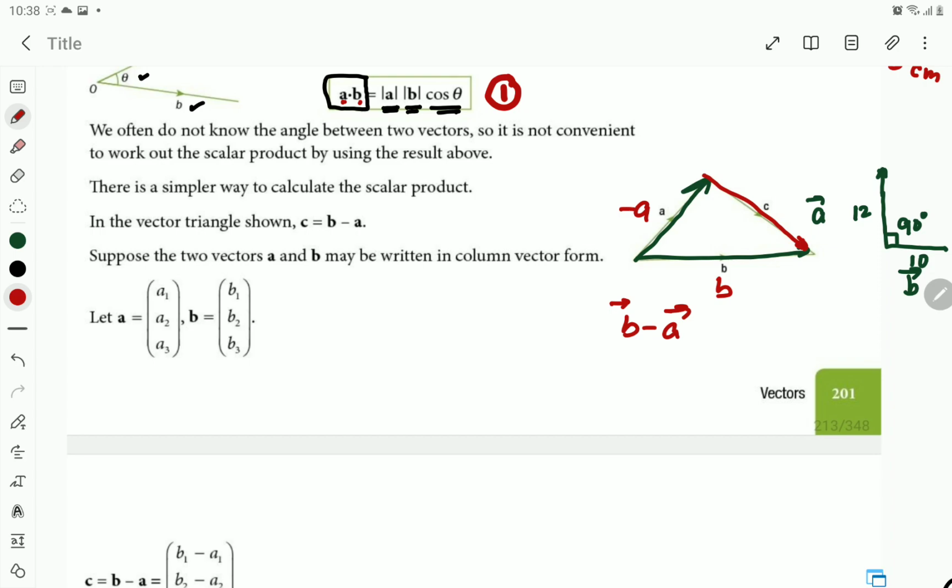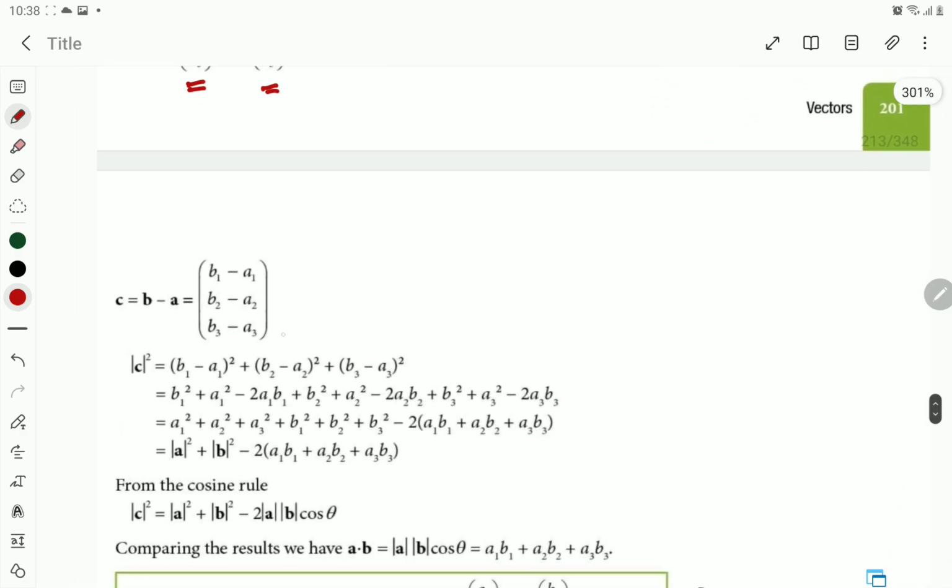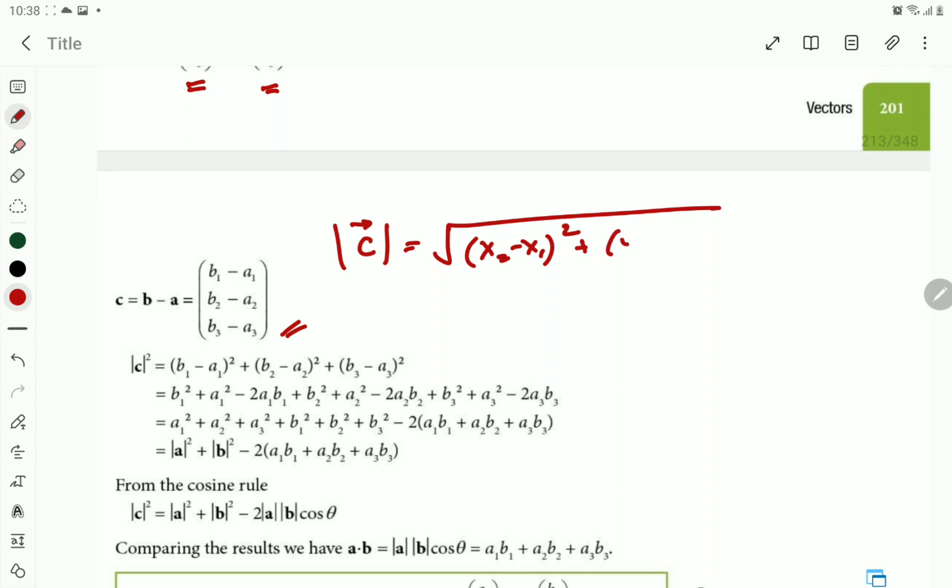If your vector A is this and your vector B is this column vector, B minus A will give you this one. And as you can see, if you take the length of C, remember, what did we know? The length or modulus of C is equal to the square root of (x sub 2 minus x sub 1) squared plus (y sub 2 minus y sub 1) squared plus (z sub 2 minus z sub 1) squared.